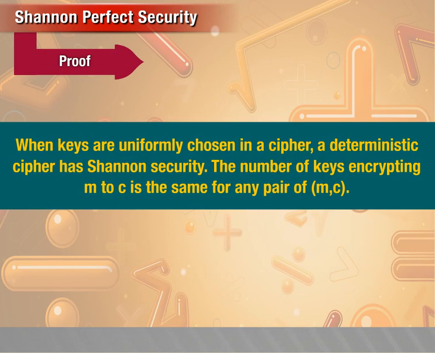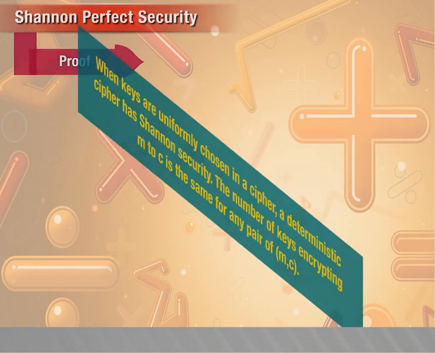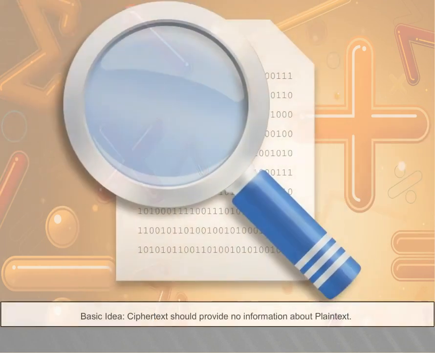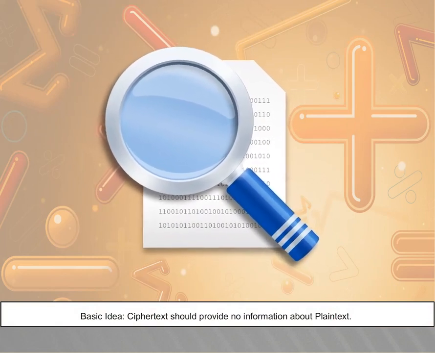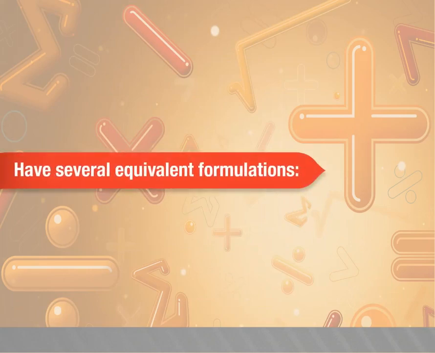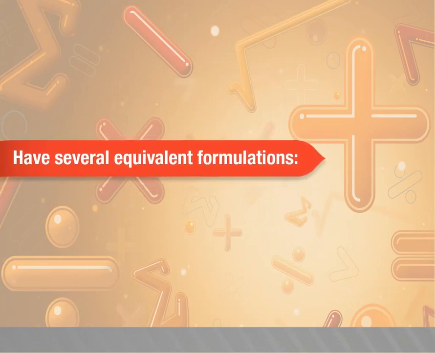When keys are uniformly chosen in a cipher, a deterministic cipher has Shannon security. The number of keys encrypting M to C is the same for any pair of M, C. Basic idea: ciphertext should provide no information about plaintext. There are several equivalent formulations.